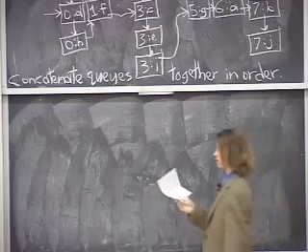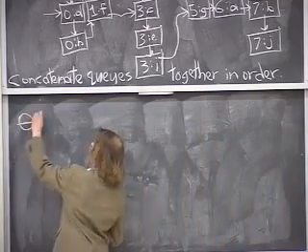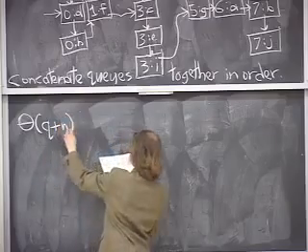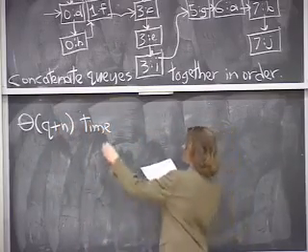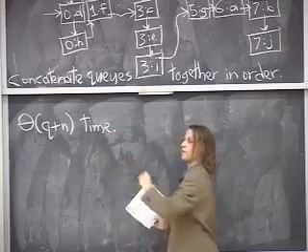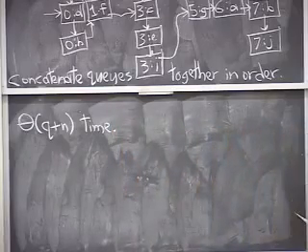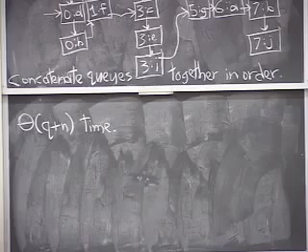So the running time for this is theta q plus n. And that is in the best case and the worst case. It always takes q plus n time.